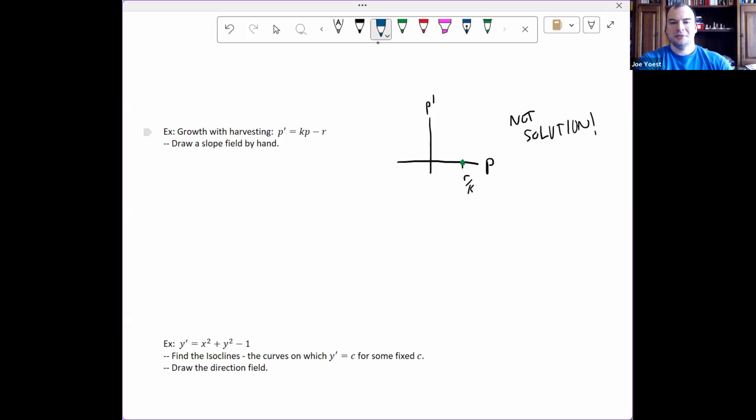When P equals 0, P prime is negative R. When P is 0, P prime is negative R, and I know that this is linear. So I see that P is increasing when P is greater than R over K and decreasing when it's less than R over K.